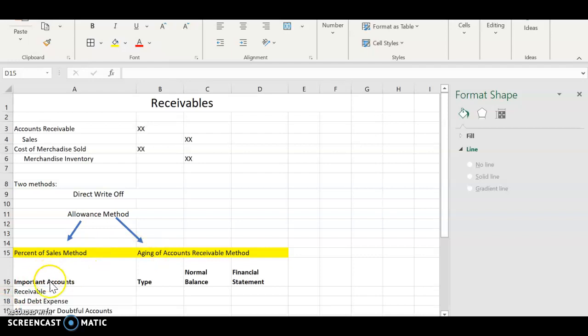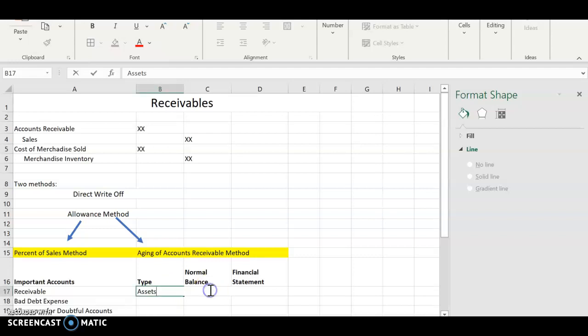All right, some of the important accounts we're going to use are the receivables. So it could be any type of receivable. It could be accounts receivable, note receivable, interest receivable, but these are all what we call an asset because it's our right to receive that value, an asset, which is usually cash.